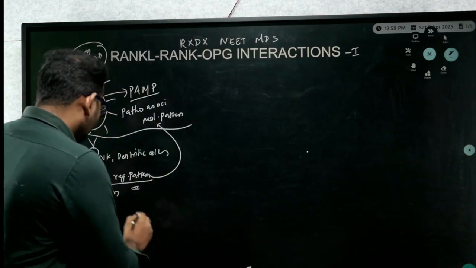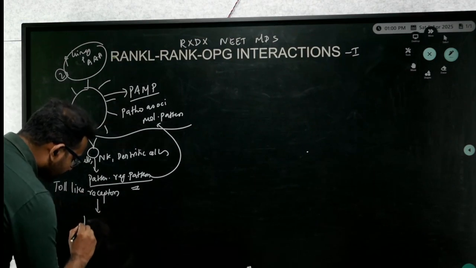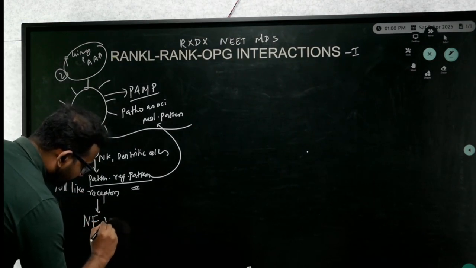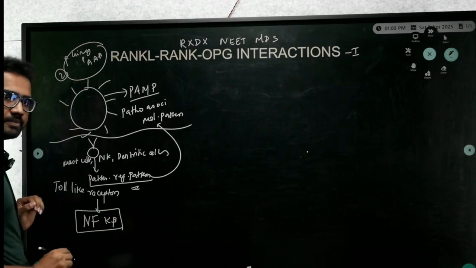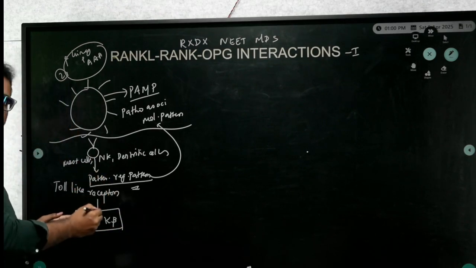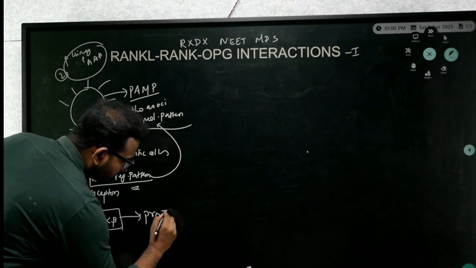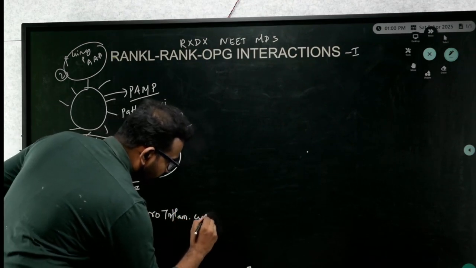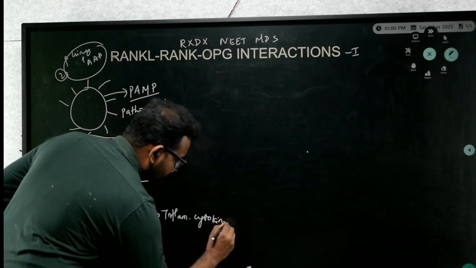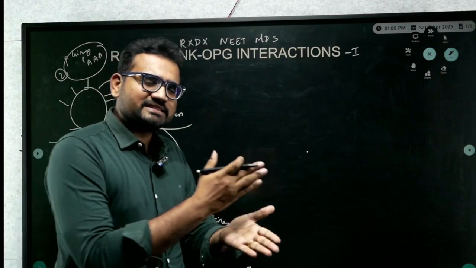It is going to send signals to nuclear factor kappa B, which is stimulated by the toll-like receptor, and it is going to produce what are called the pro-inflammatory cytokines. See, I'm talking only about the basics. In depth, I'll take in separate classes.